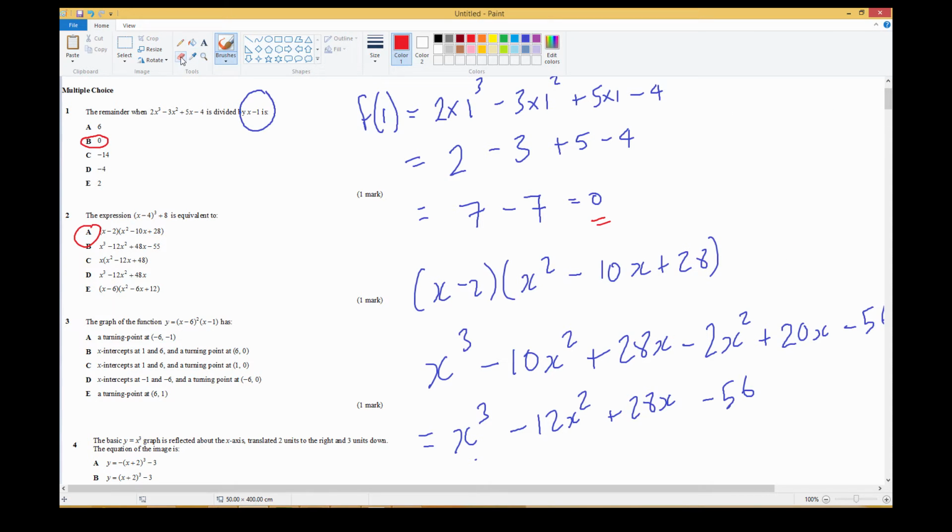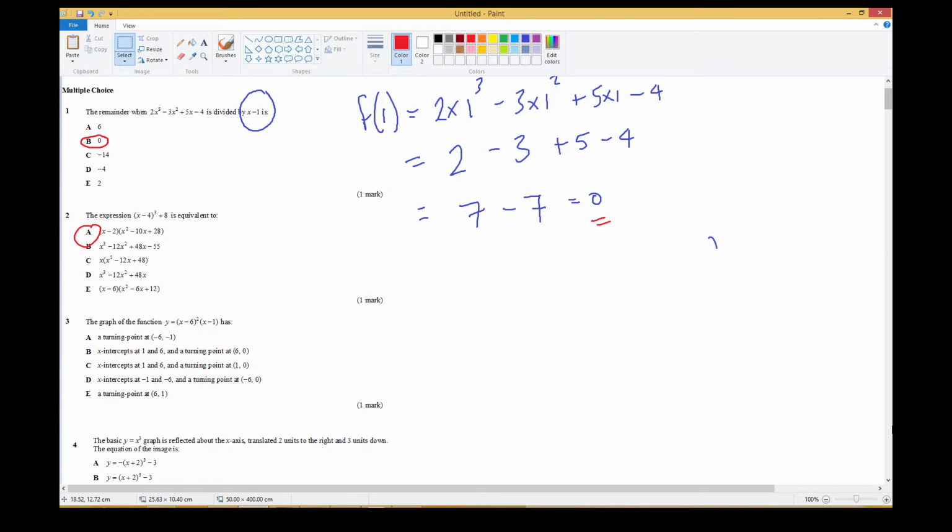Right, I'm just going to rub off some of this stuff because it's sort of getting in the way. Right, question 3. Okay, the graph of the function y equals x minus 6 squared.